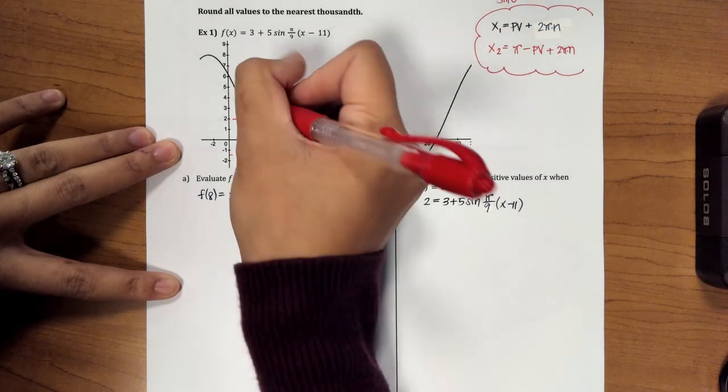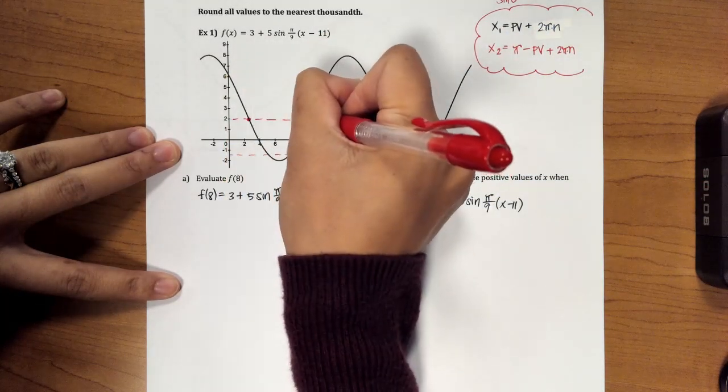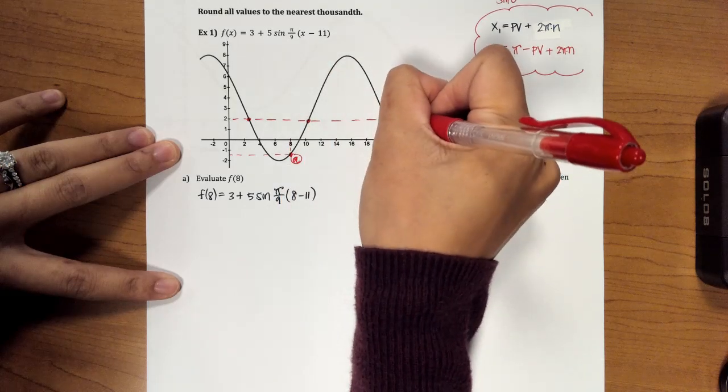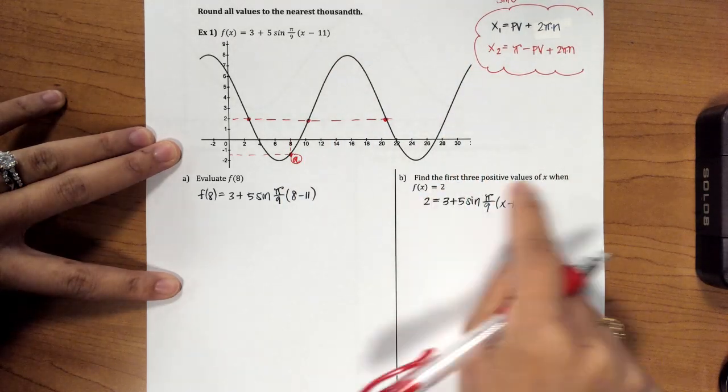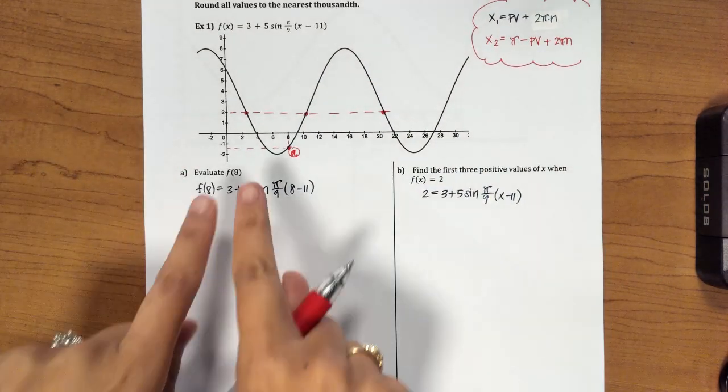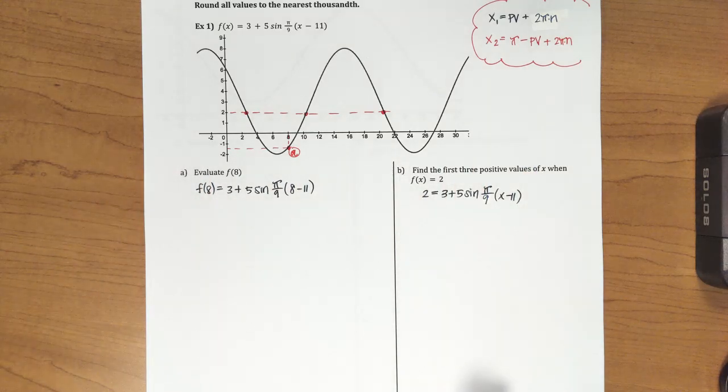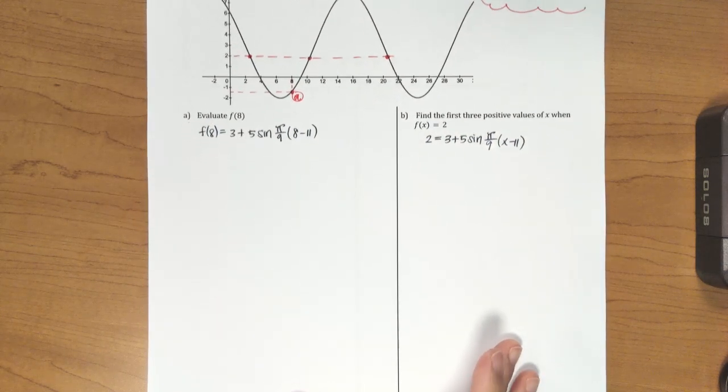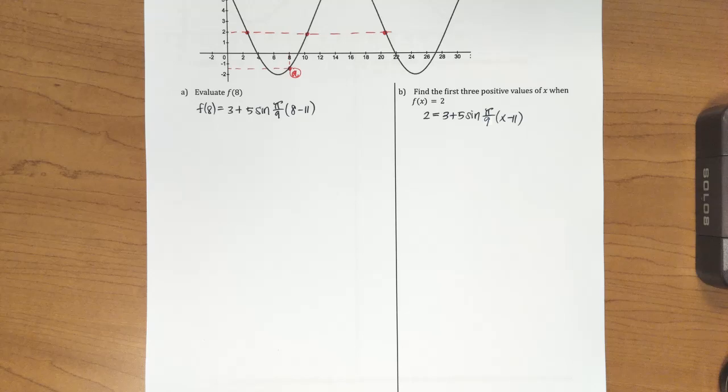And the numbers we want are going to be right here, here, and here. I don't need a fourth one because it says first 3. So that gives you an idea of what numbers we're looking for, so we can check as we go if our answer is correct.